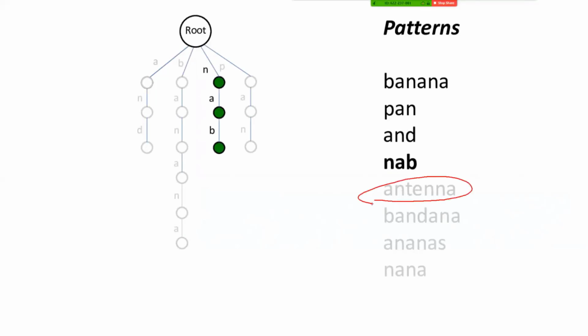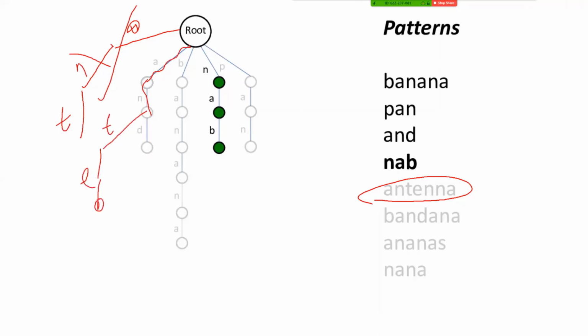When I add antenna, I'm not going to add it separately. Instead, I'm going to follow the common branch that it has with another pattern, A, and then N, and then I'll split it into T, E, and NA.